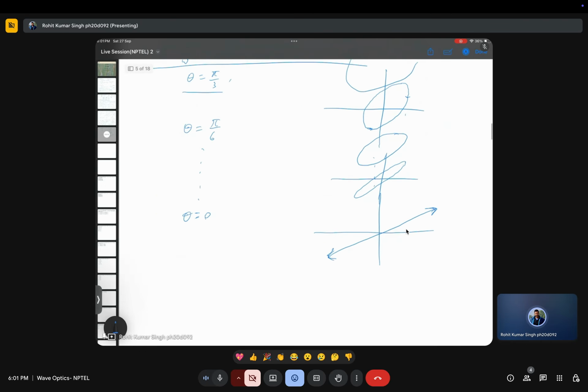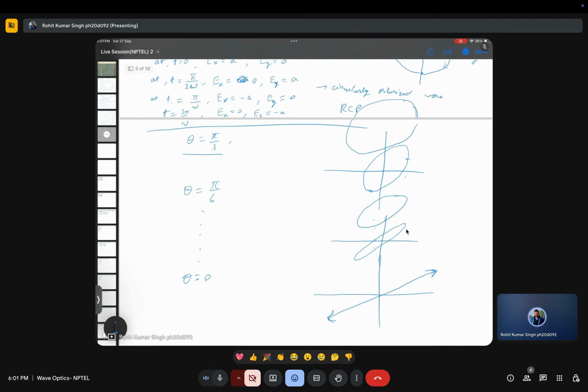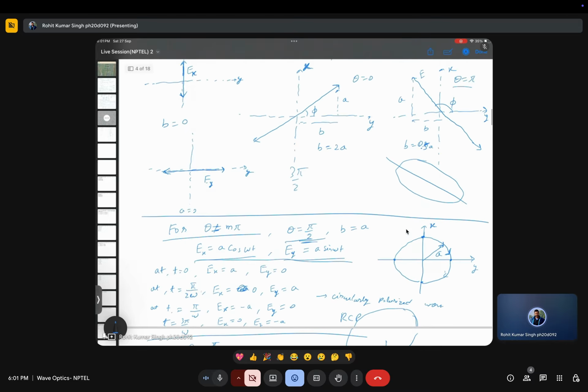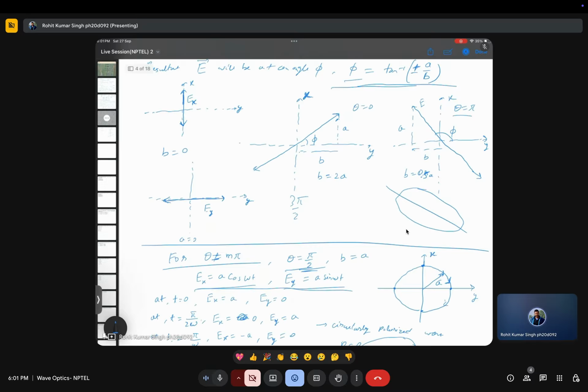It will break the degeneracy, the straight line becomes an ellipse, the ellipse becomes bigger, and it becomes a circle at pi by 2. Then the direction reverses, it goes to an ellipse again, and you get a straight line again at theta equal to pi.